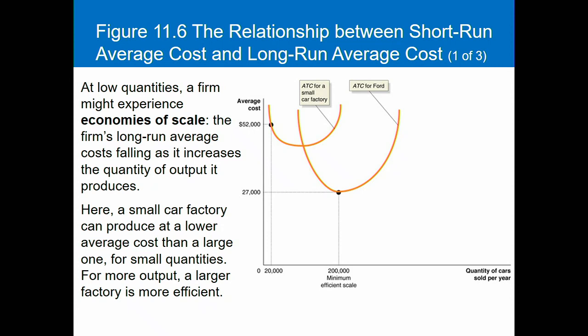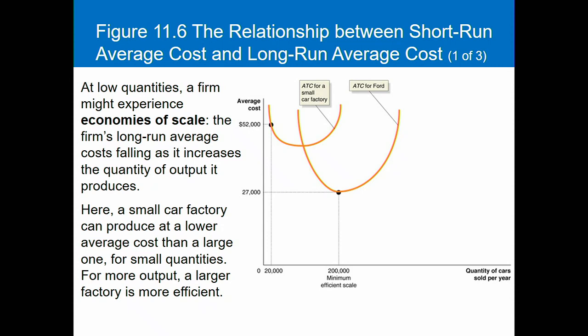Now, given the plant they have now, the workers they have now, they can obviously expand that some, but they're kind of trapped in this instant. They can still increase output and move along their average total cost curve to decrease the average total cost. So let's say in this case instead of 20,000, move down here and produce, call it like 90,000. And they can lower their average total cost from say 52,000 to maybe 48,000.